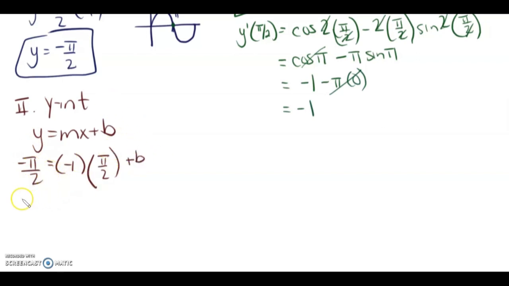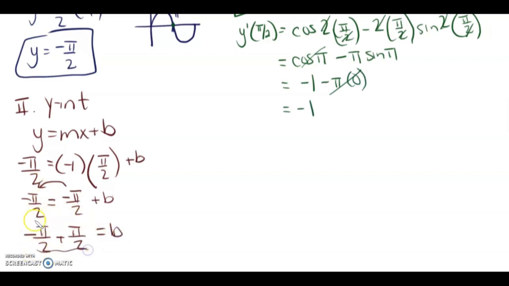Okay, so we have -pi by 2 equals -1 times pi by 2, which is again -pi by 2, and then plus b we just bring down. If we were to take this -pi by 2 and bring it over the equal sign, we get -pi by 2 plus pi by 2 equals b.